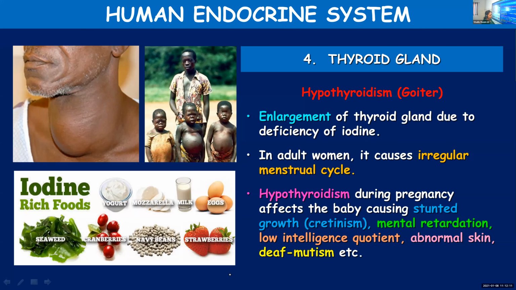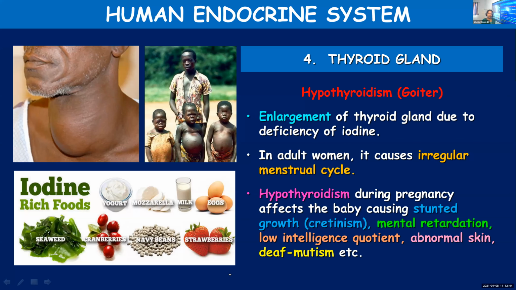So in case a pregnant lady is having deficiency of iodine or of this hormone during pregnancy, it can affect the baby, resulting in stunted growth of the baby, a situation called cretinism. Then mental retardation, low IQ, low intelligence quotient, abnormal skin, deaf mutism. The child can become deaf or mute because he won't be able to speak or hear.